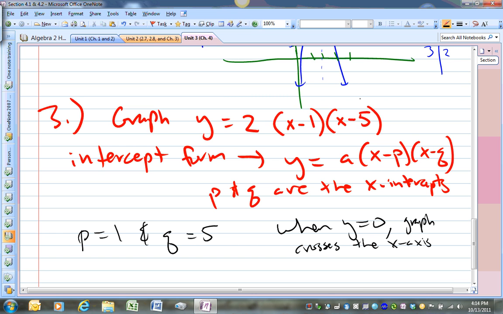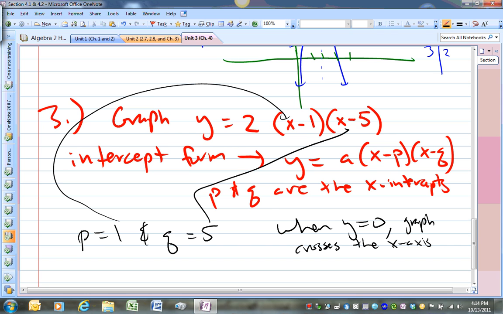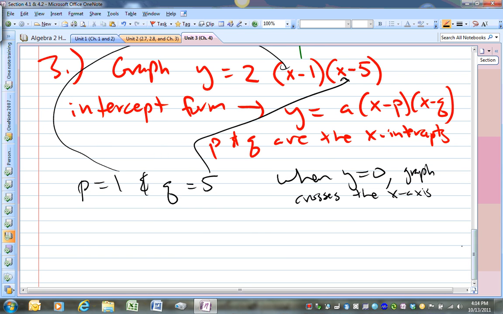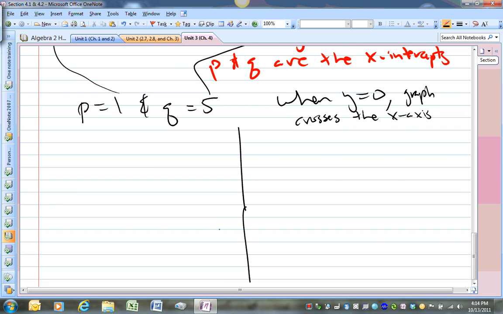And 1 and 5 will make y 0 if you plug 1 in from here to there. Or if you plug 5 in, it would make that 0. So very simple. You locate 1 and 5. 1, 2, 3, 4, 5.